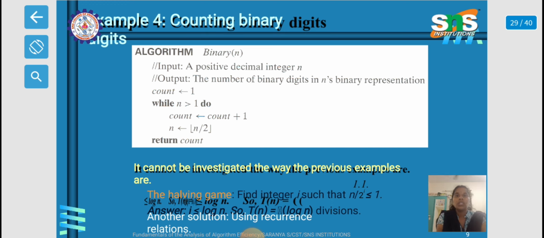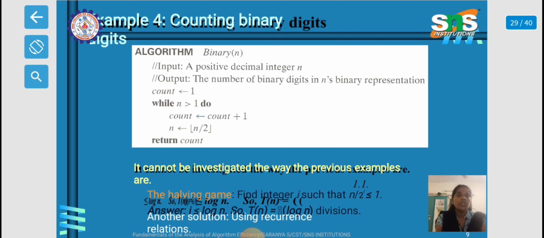The next one is a linear search, and counting the binary digits. The linear search is used to search elements one by one in a sequential manner. The algorithm for binary n: the input a is a positive decimal integer n.